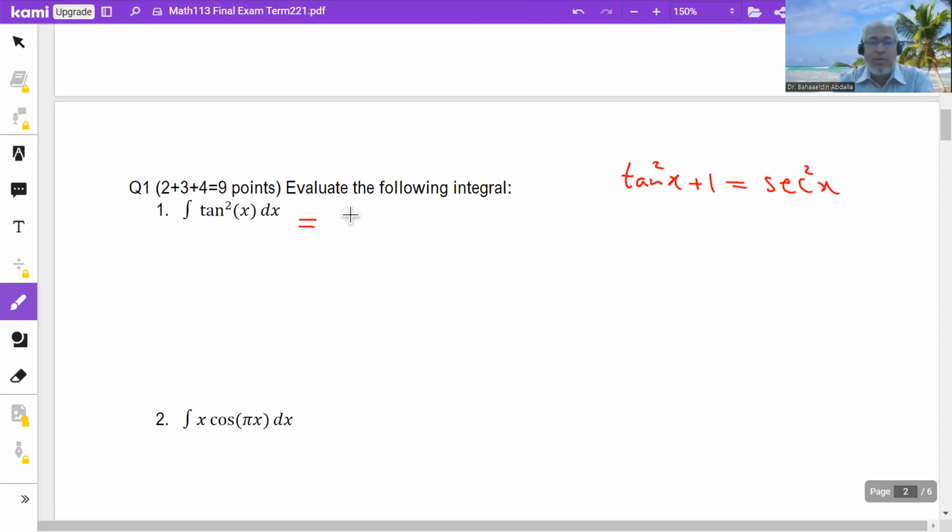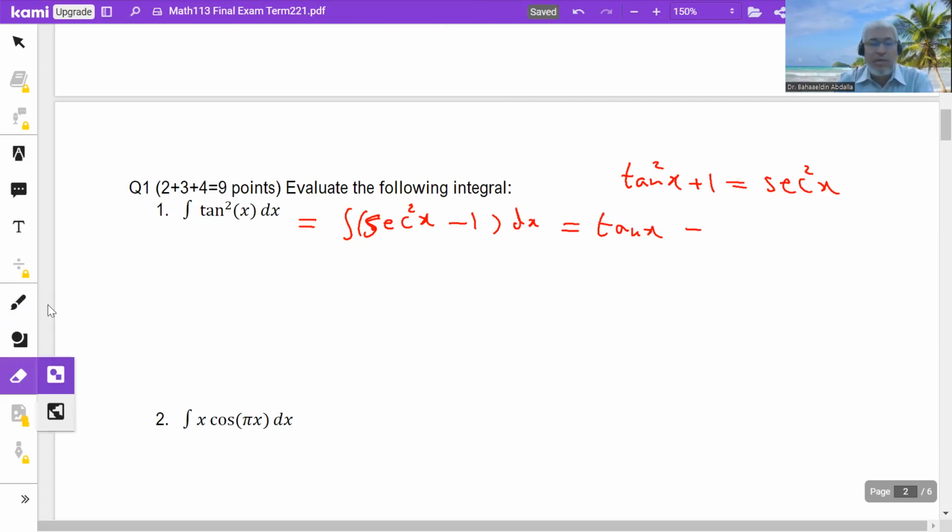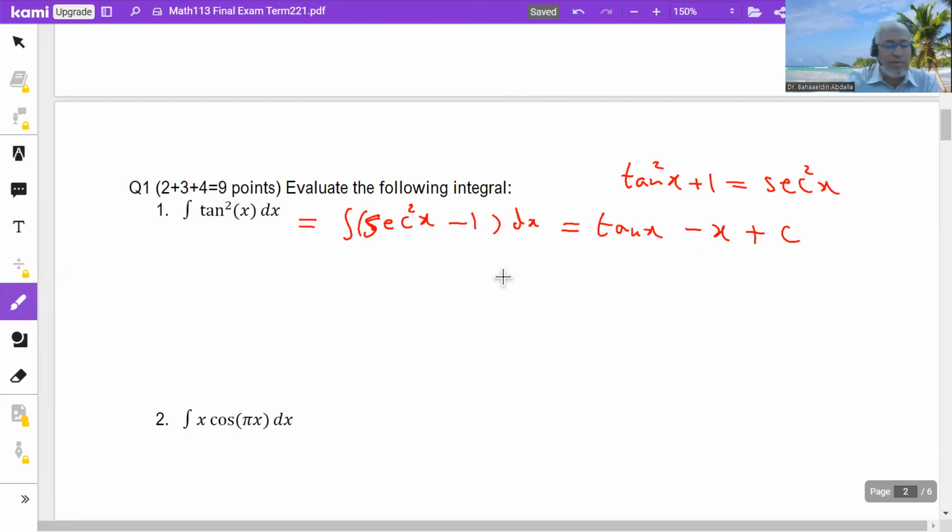So I will write tan square as secant square x minus 1. And now the integral of secant square is tan x, and the integral of negative 1 is negative x plus c, and that would be the answer of this integral.